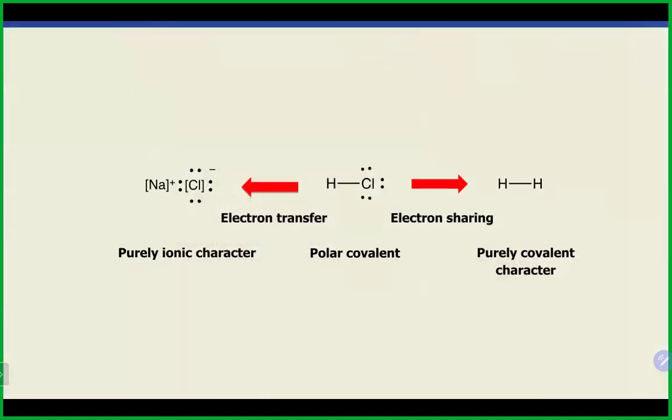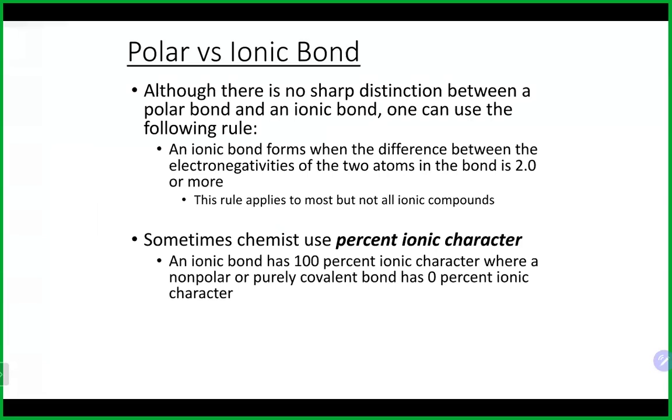When we talk about polar bonds and ionic bonds, as we talked about before, that 2 cutoff is not really a sharp, for-sure cutoff. There are some examples of ionic bonds that are less than 2, but it is a cutoff that we use. Sometimes people will use what is referred to as percent ionic character to describe a bond, and it's pretty much what the name implies.